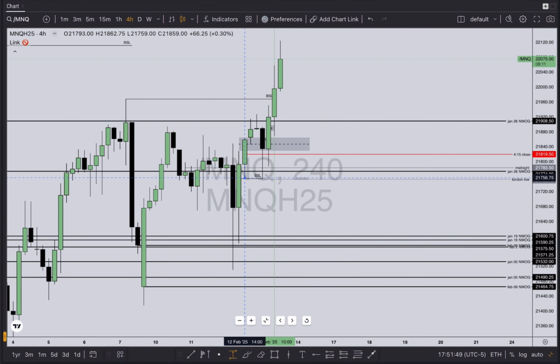So we have this sweep lower of this 4-hour candle and a close in this buy side imbalance, sell side inefficiency. And obviously, I'm including the volume imbalance, right? Remember that when you have a fair value gap with a volume imbalance, you include the entire thing. Now I want to see this candle close bullish and then for us to continue higher.